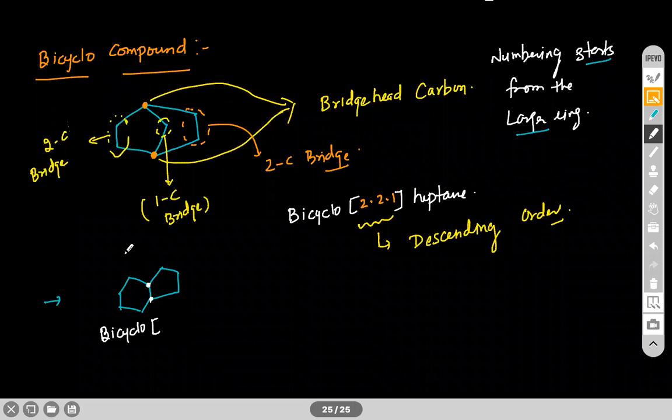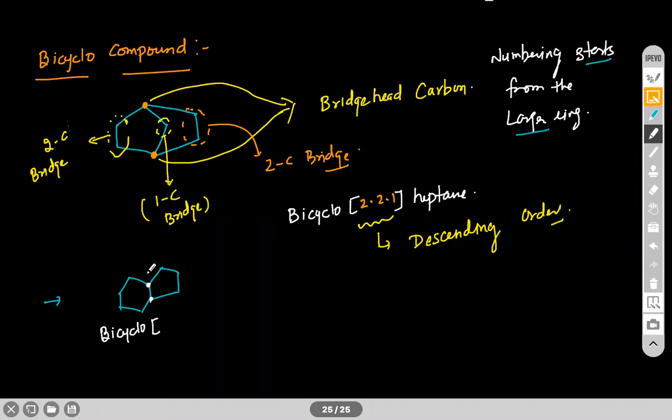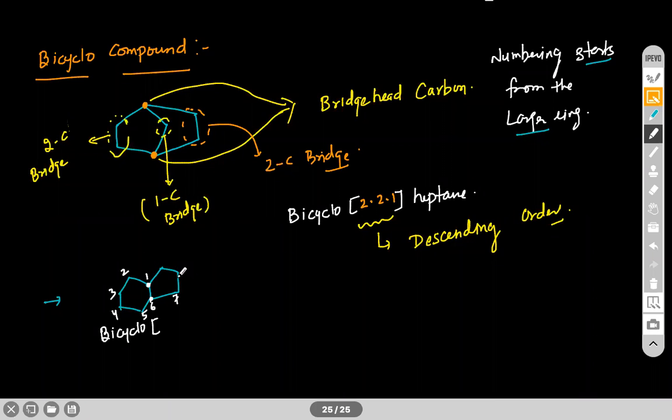And one more thing: the numbering will start from the bridgehead carbon, from the bridgehead carbon towards the larger ring. 1, 2, 3, 4, 5, 6, 7, 8, 9. Right? From the bridgehead carbon towards the larger ring. So it is 4.3.0 nonane. Zero also we will write. At the bridgehead, there is no carbon atom here, so we'll write 0. 4.3.0.